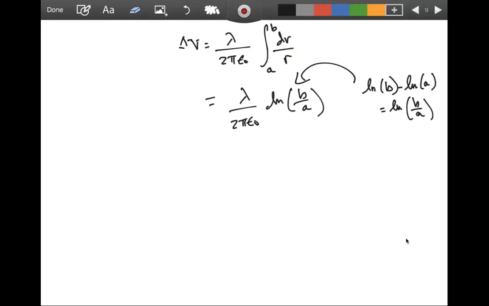Now, what I know is that my capacitance is equal to the charge divided by my change of potential.